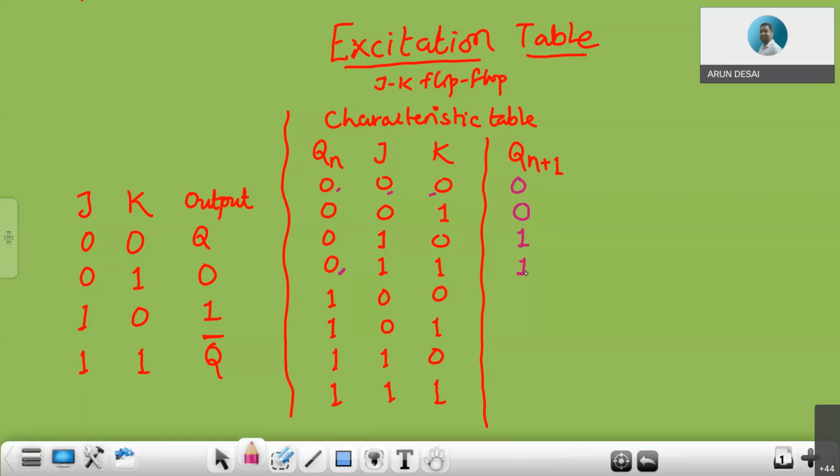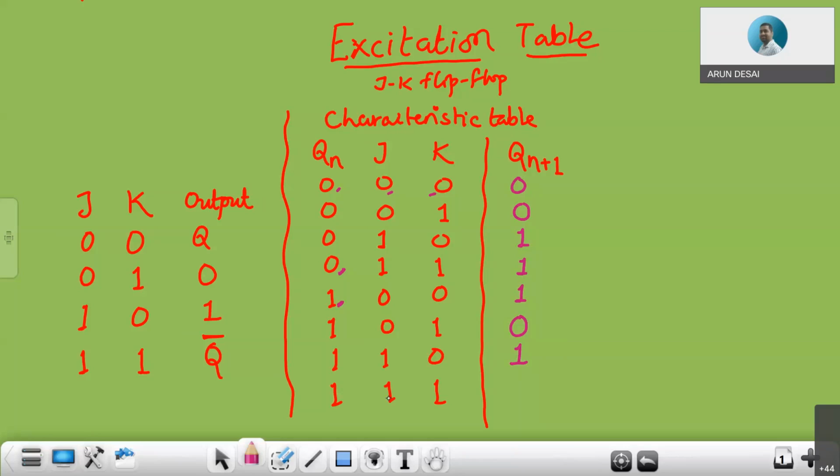So 0 becomes 1 in that case. Again 0 0, in that case what will be there? Whatever is there in memory is kept as it is, right? Then 0 1 again resets the flip-flop. 1 0 is used basically to set the flip-flop.